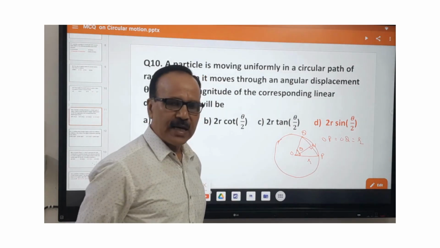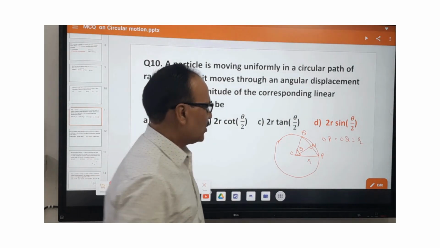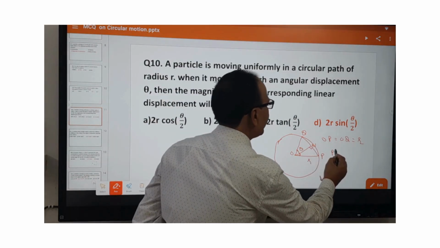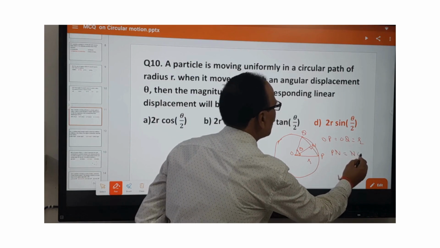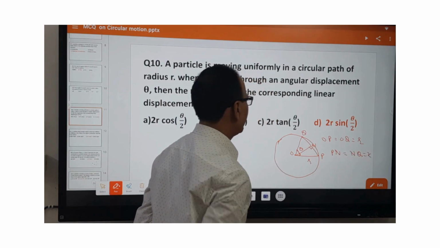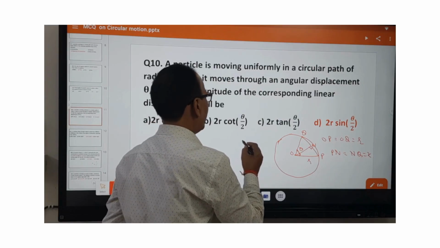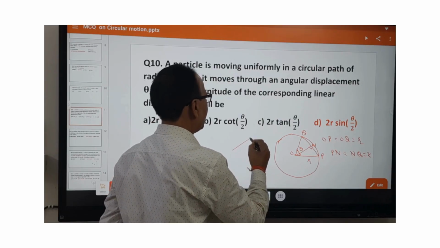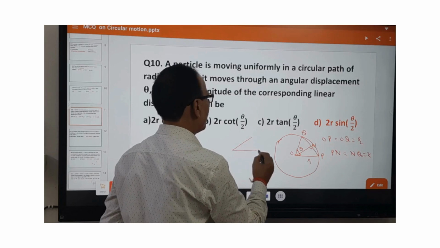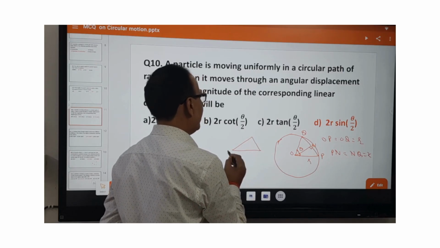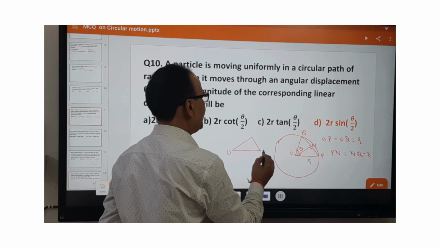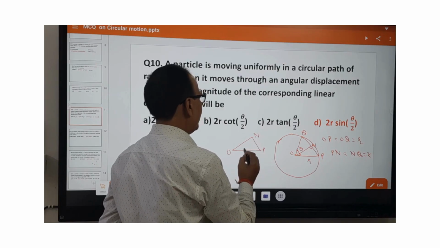Because this is the case of an isosceles triangle, PN is equal to NQ is equal to X. So let's draw the figure here. Look, this is the case, this point is O, this is P and this is N.